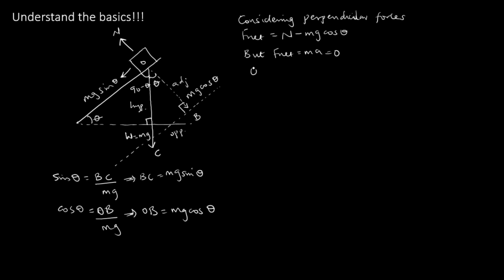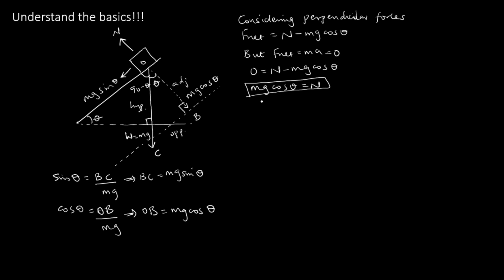Which means we can write 0 in place of our net force: 0 equals N minus mg cos theta. And as such, if our mg cos theta is moved to the left, we can write mg cos theta equals our normal reaction.